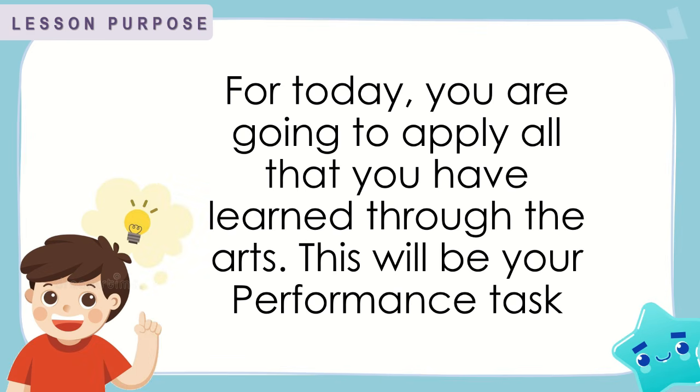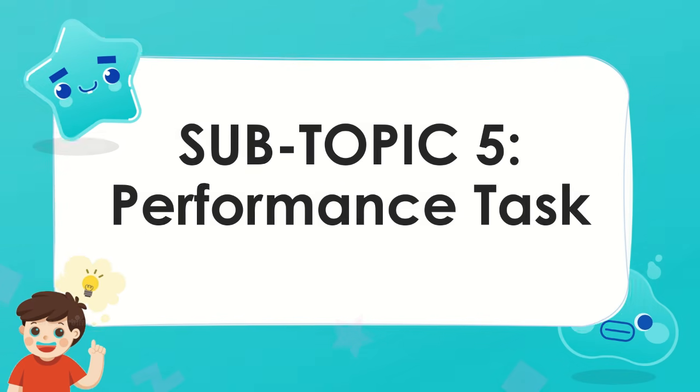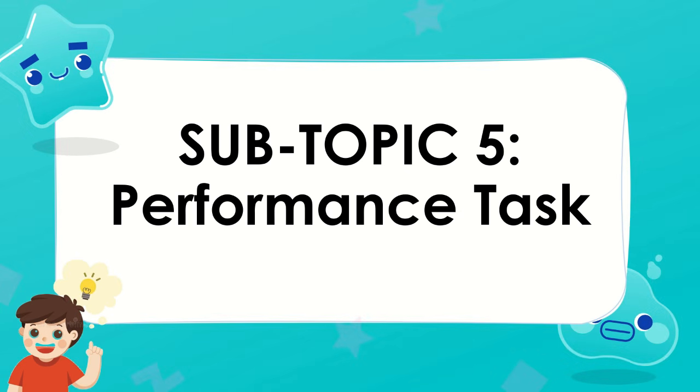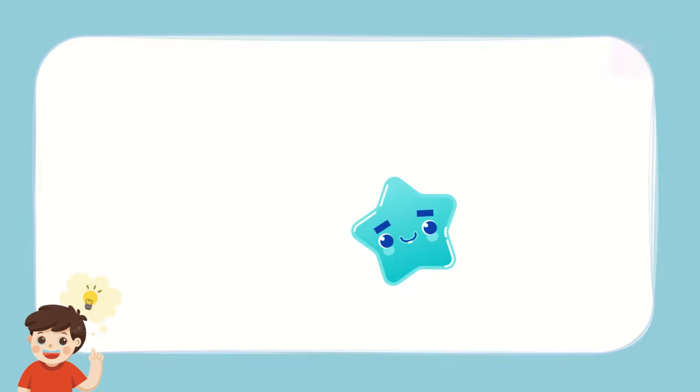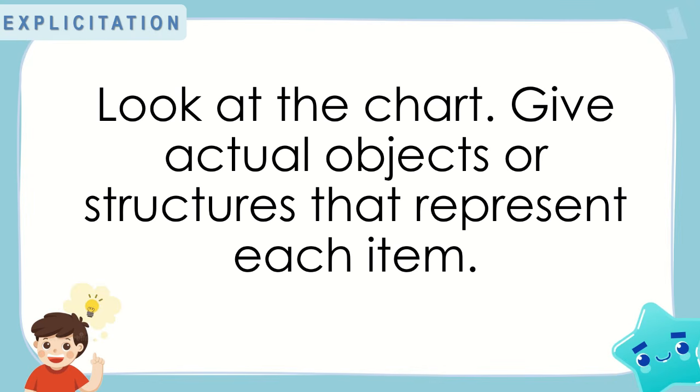For today, you are going to apply all that you have learned through the arts. This will be your performance task. For subtopic 5, performance task. Look at the chart. Give actual objects or structures that represent each item.